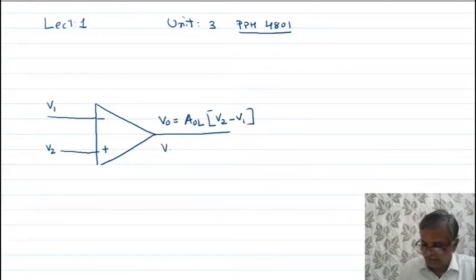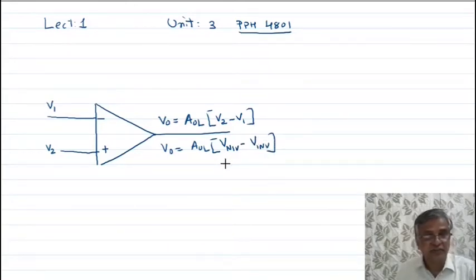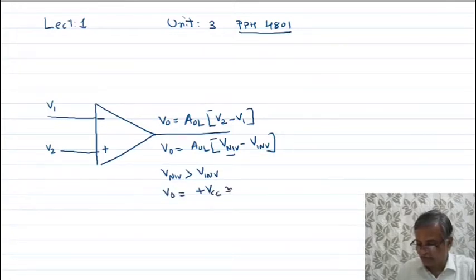It is better to remember this equation. Please remember it this way: non-inverting voltage minus inverting voltage. So from this you can get the sign of the output voltage. If V non-inverting is greater than V inverting, your output is always positive, and it is called plus VCC, or generally we write plus V saturated voltage.